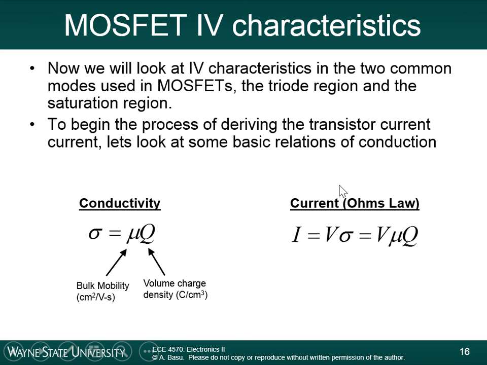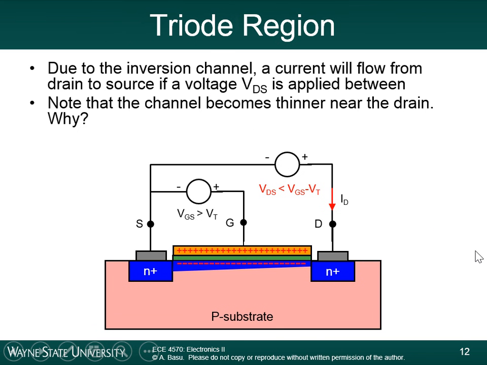So we're going to derive the current voltage characteristics first. These are relationships you've seen in Electronics 1, the triode equations and the saturation equations. We're going to derive those first, then get into calculating threshold voltages. To begin deriving the transistor current, we have to look at some basic relationships related to conduction, because we're going to treat this region as a resistor.